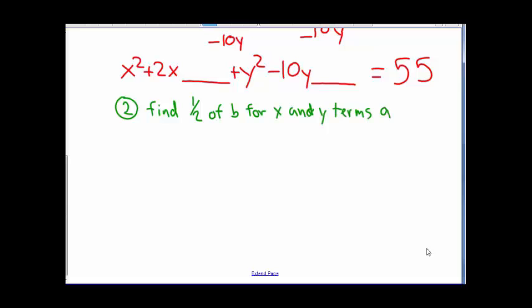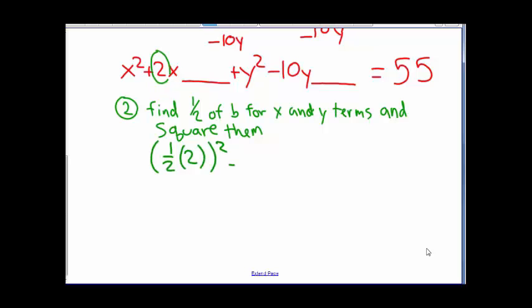So that's what we need to add in that first underlined spot there. And whatever we do to one side of an equation, we have to do to the other. So we need to add 1 to the right-hand side as well. And we would do the same thing for the negative 10 by the y. Well, half of negative 10 is negative 5. Negative 5 squared is positive 25. So we need to add 25 to both sides as well.